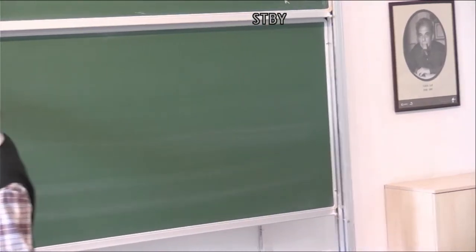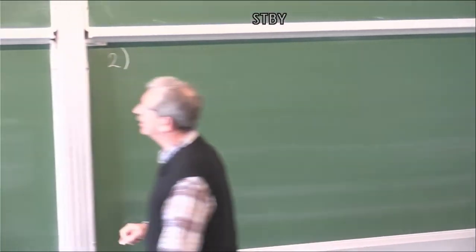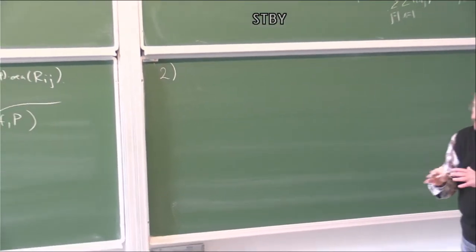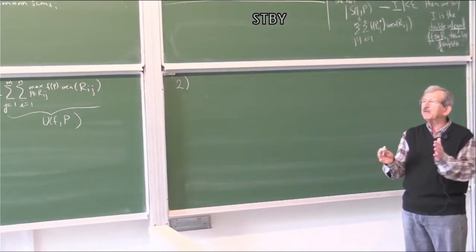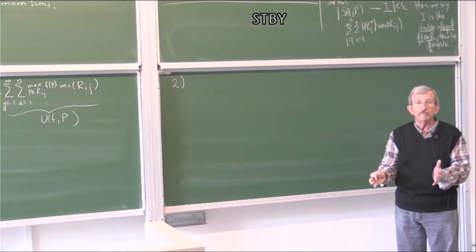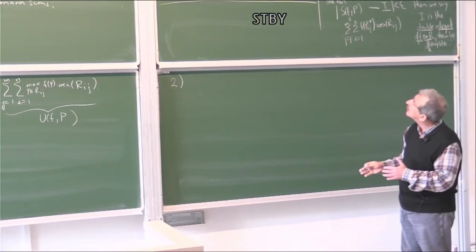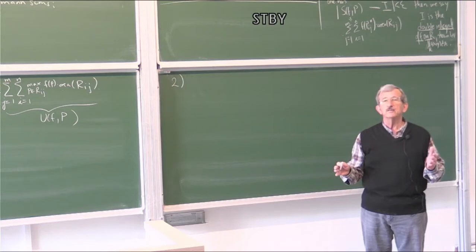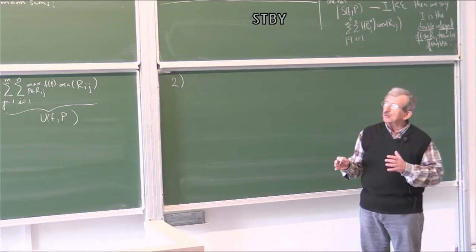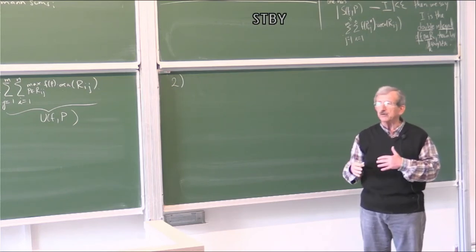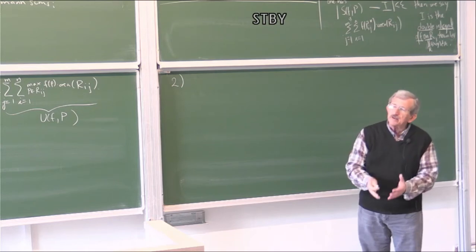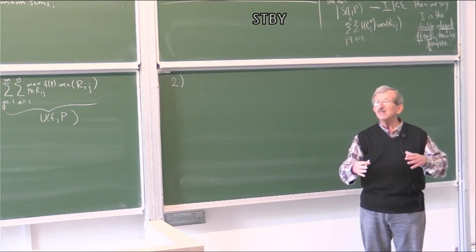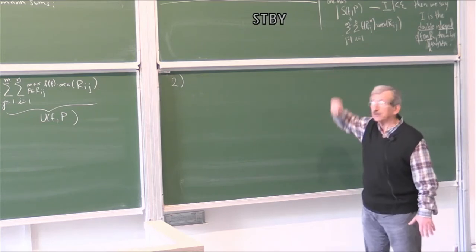Now, what is the second definition? Well, in real numbers, you have intervals, and that's all you have. But in the plane, you don't always have rectangles. For example, if we want to evaluate a double integral over not a rectangle, but a circle, a disk, that doesn't fit into the first definition.